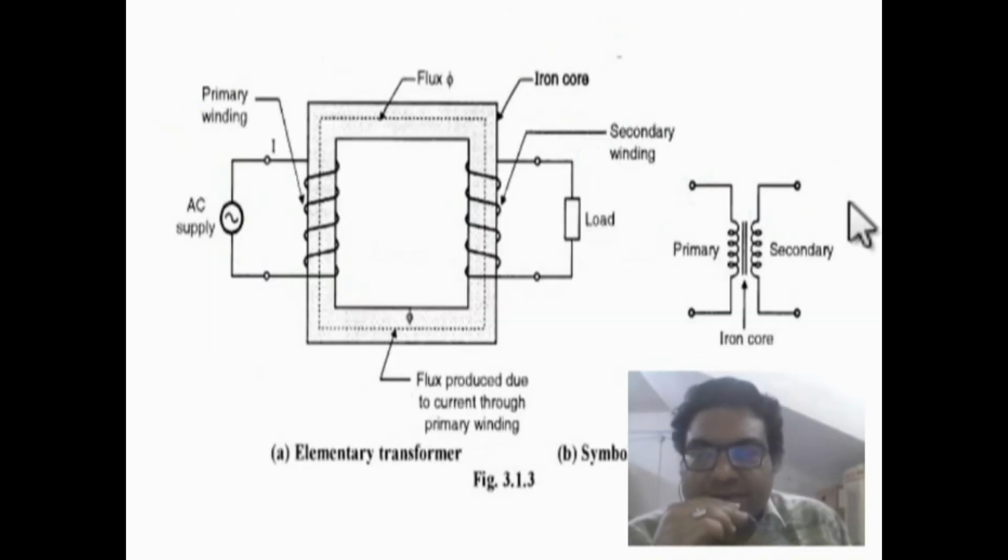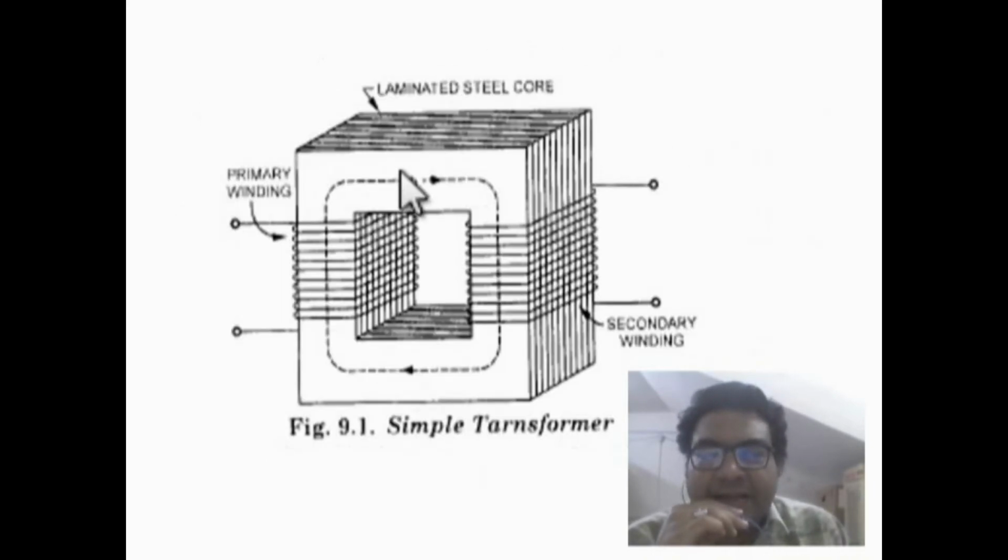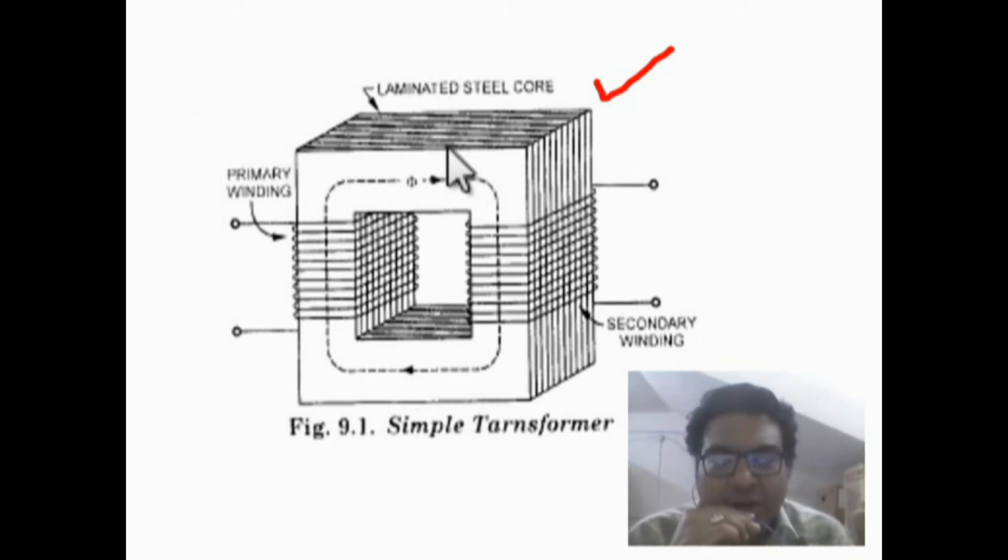So guys, now you can see this is the construction diagram of a transformer, where these are the primary windings. There are two major parts in the transformer. One is called the iron core. You see here, this is called the iron core, that is always laminated to reduce eddy current loss, and these are thick laminations of some millimeter.